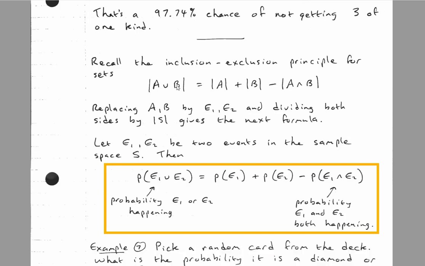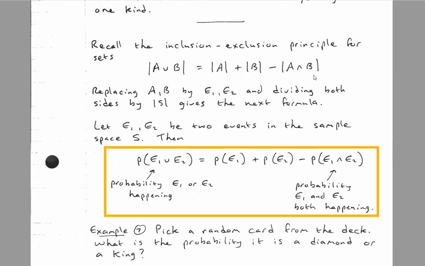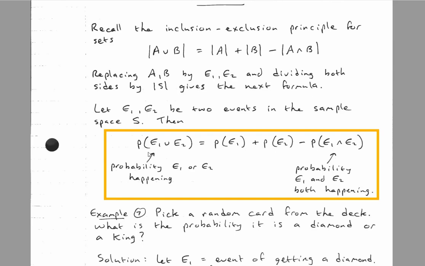Okay, so we can use this formula when we're looking at 2 events, say E1 and E2. And for our formulas, we just divide both sides by the number of elements in the sample space. Okay, so that leads to this formula.